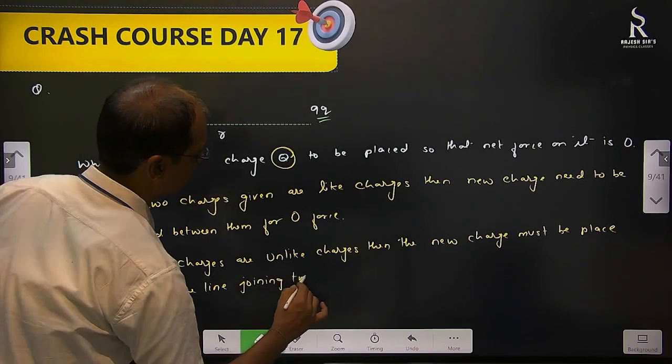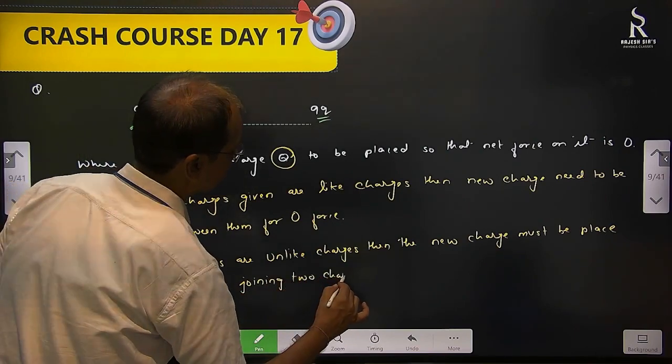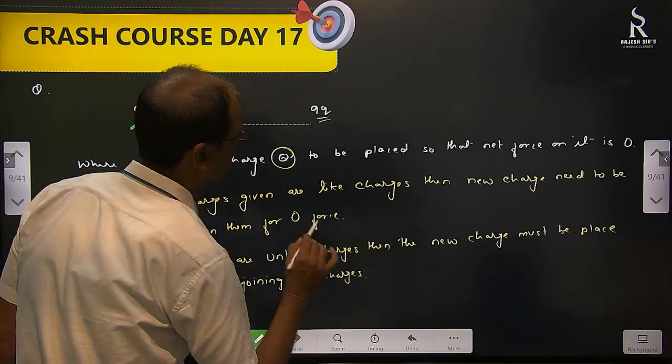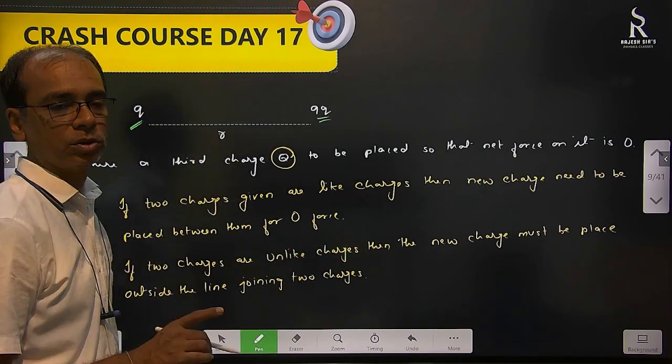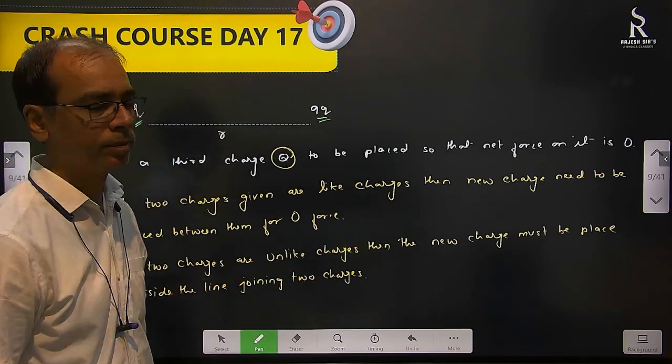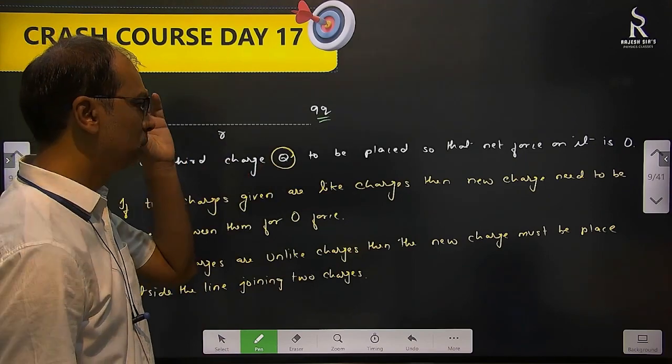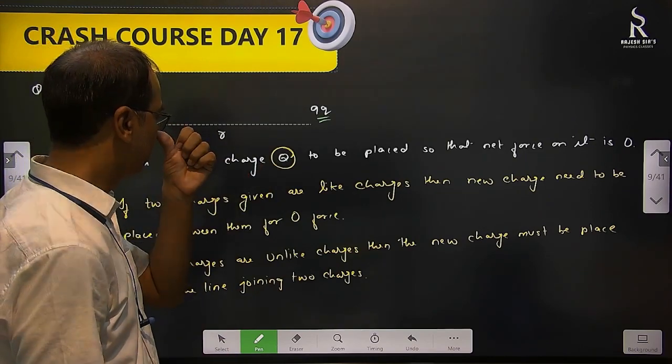Okay, this we'll remember. And the second point is that this third charge Q needs to be placed closer to the smaller charge.